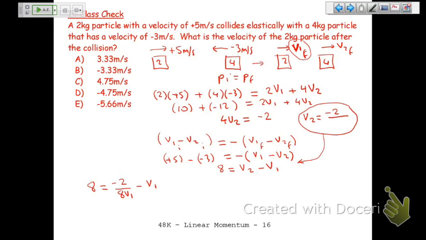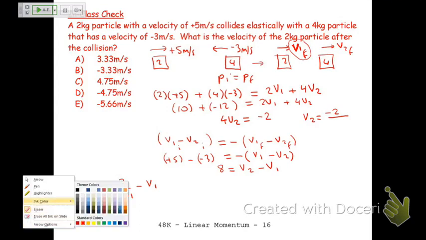And so what did I do wrong? What I did was I transcribed something just incorrectly. So if I have this, I have 10 minus 12 is minus 2. I have my 4V2, I've got to take my minus 2 to the other side.